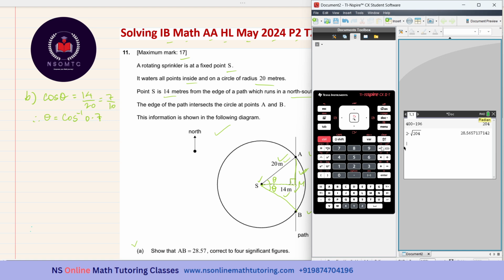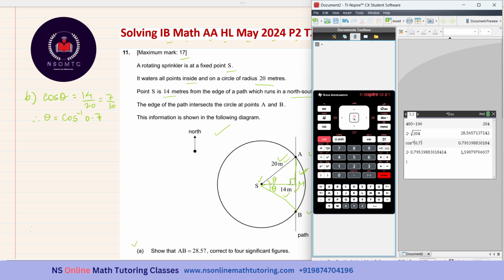So this is cos inverse of 0.7. Let me first get theta, and I need 2 theta, so 2 times the answer.